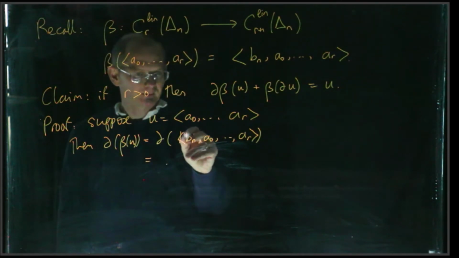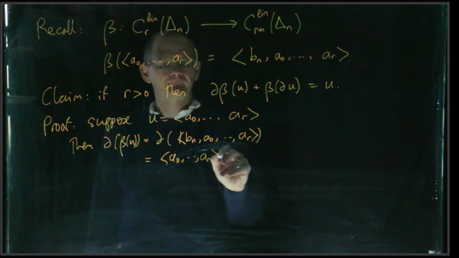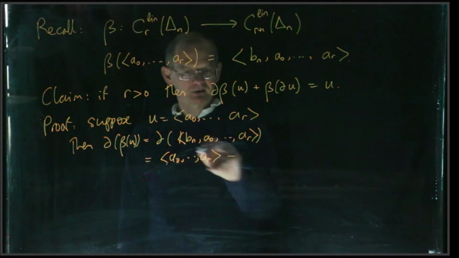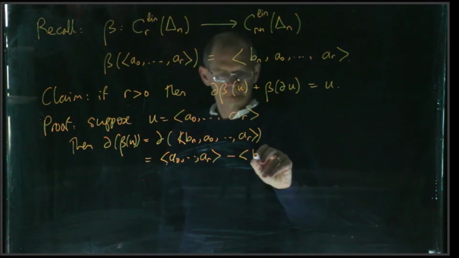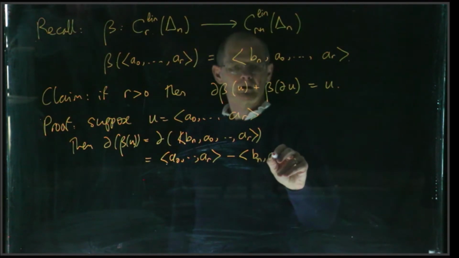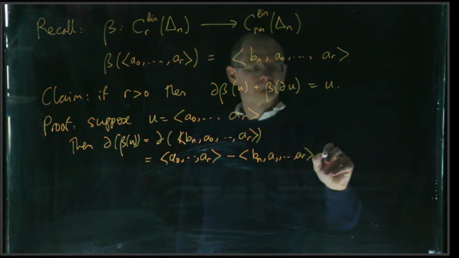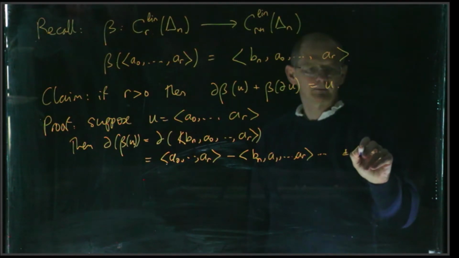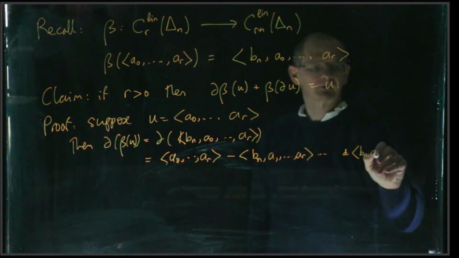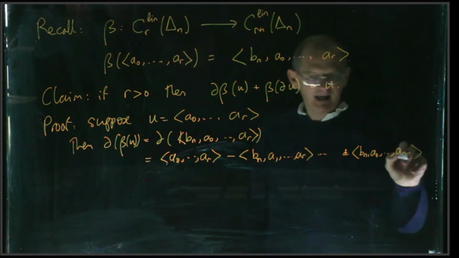So we omit the Bn. That just gives us our A0 up to AR. Then you have a minus sign. You get the thing where you omit the A0, and then carry on, and then the last term is where you get your Bn, and then you get A0 all the way up to An minus 1, and the An is omitted.